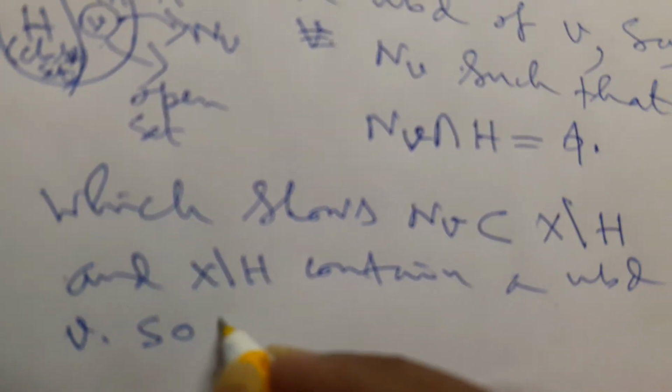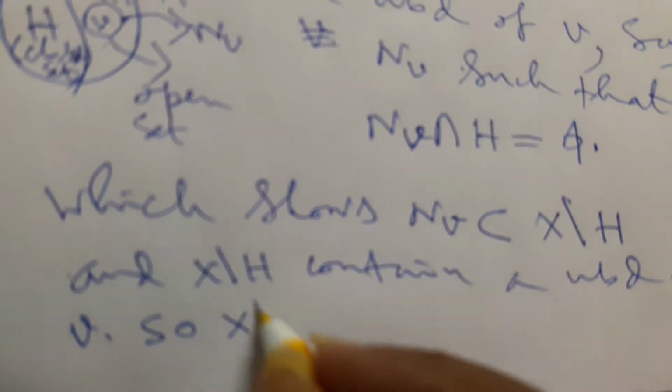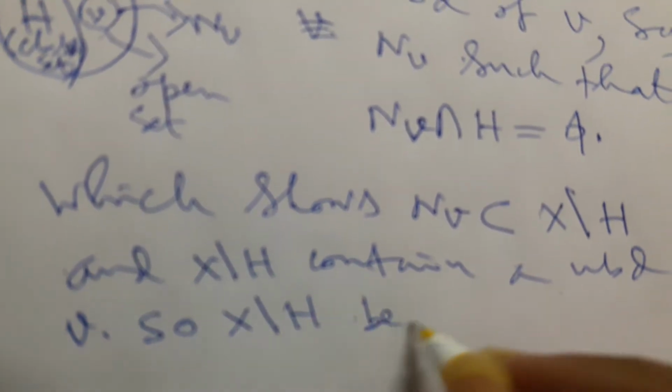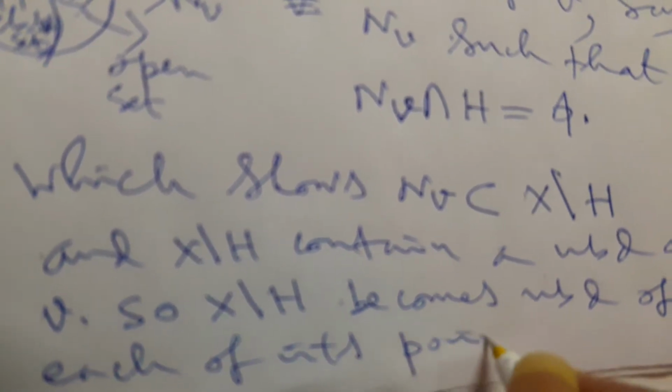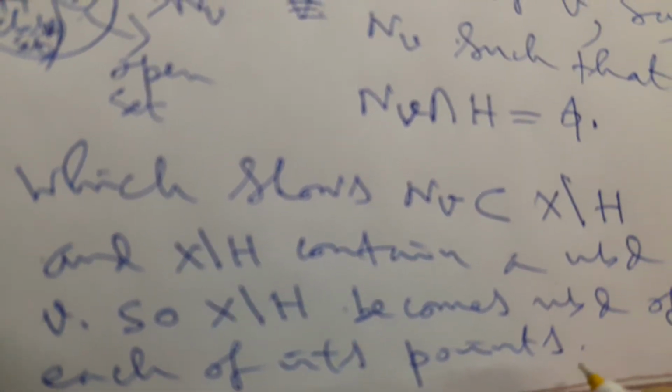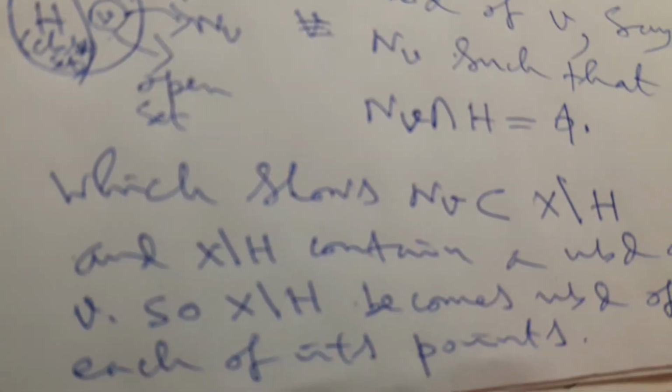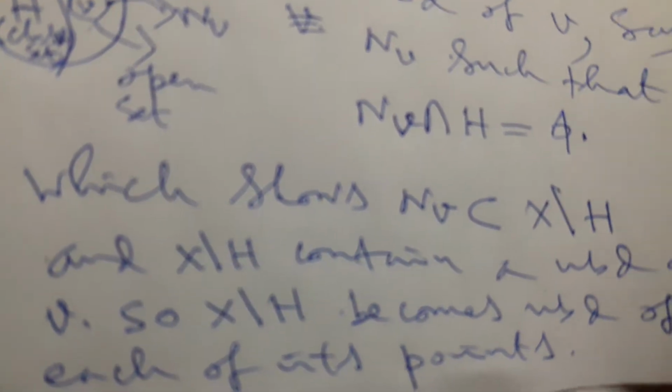So X minus H becomes a neighborhood of each of its points, and it is the definition of an open set.